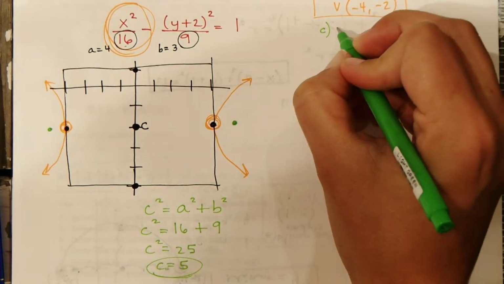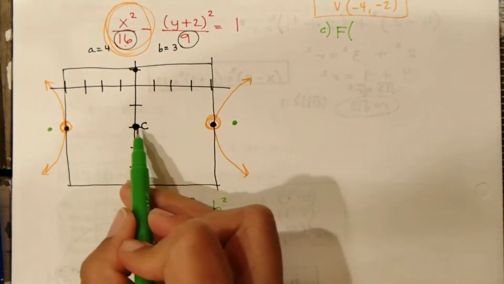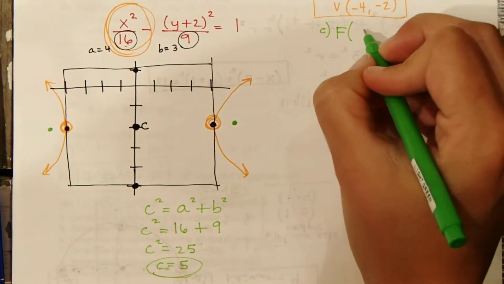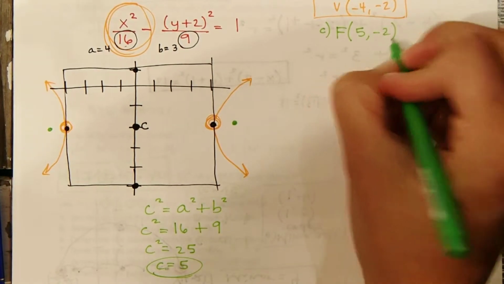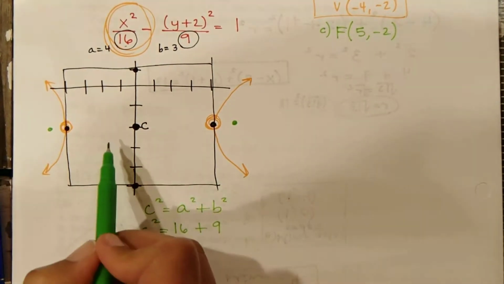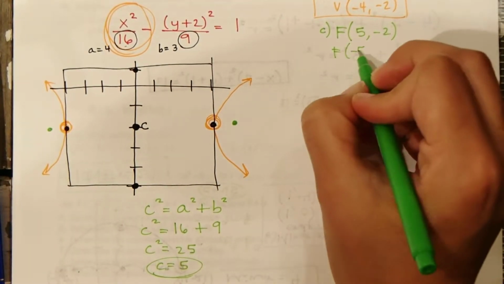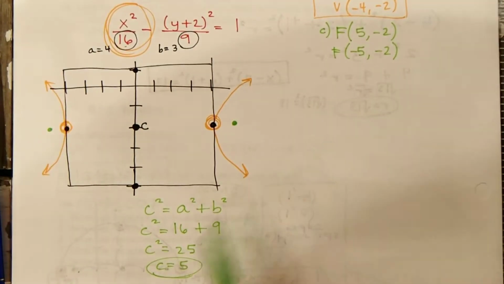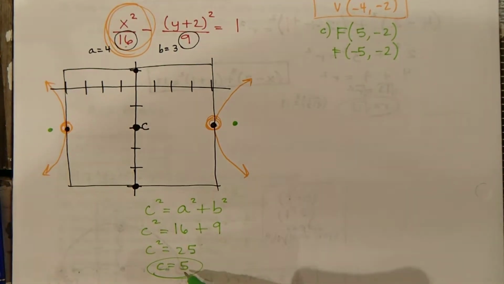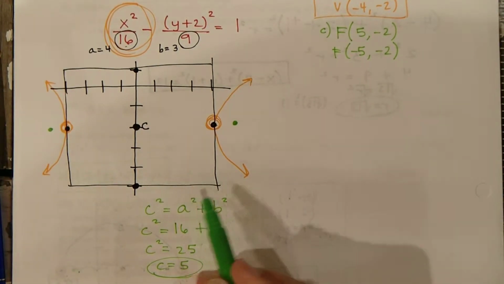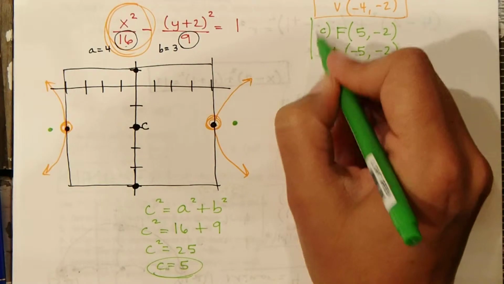So my foci are at 0 plus 5 is (5, -2), and then 0 minus 5, (-5, -2). So we just added and subtracted the focal length of 5 from the center in order to find the coordinates of the foci.